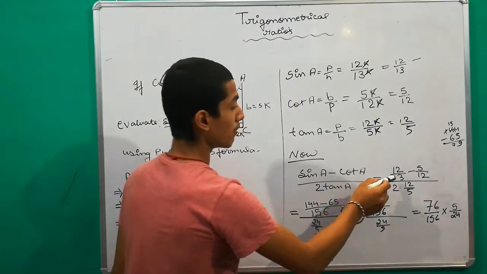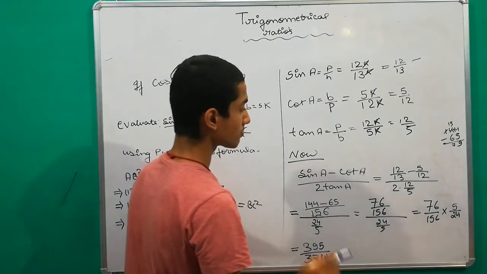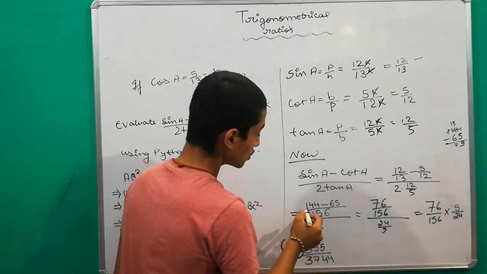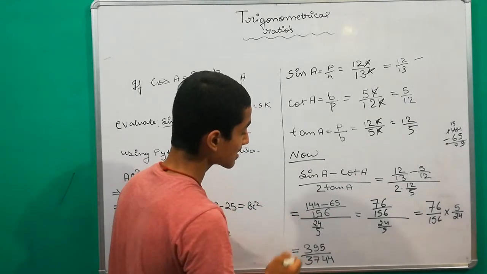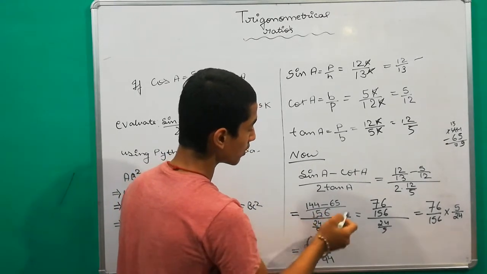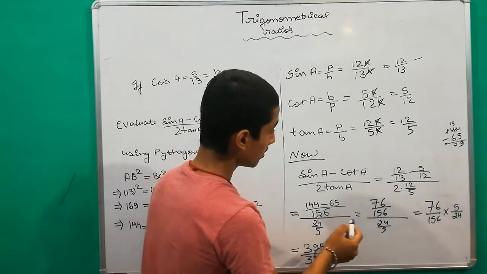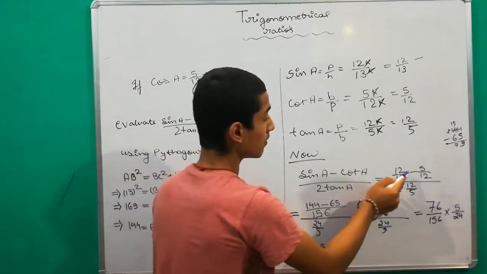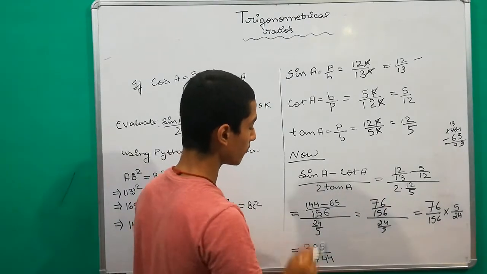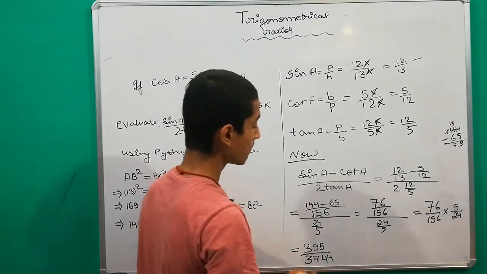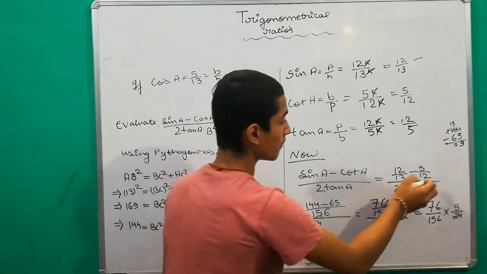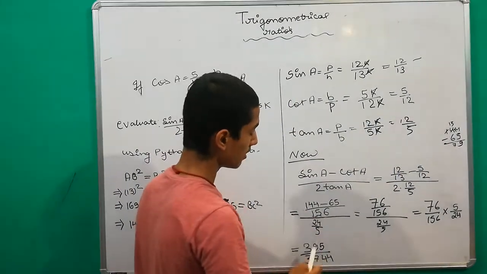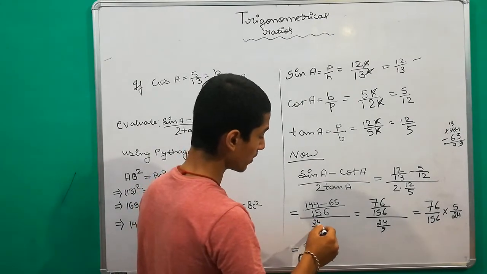Now friend, we will take the LCM in the numerator. The LCM is 156, and after taking the LCM we got this. 13 twelves are 156, so we multiply 12 into 12, which becomes 144, and 12 thirteens are 156, so we multiply 13 with 5, which becomes 65. So the denominator becomes 24 by 5.